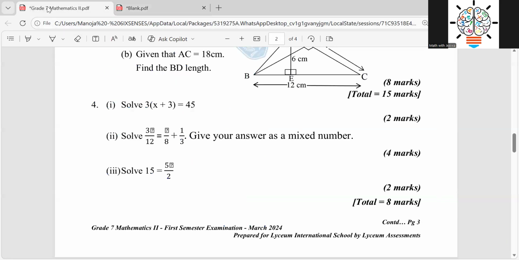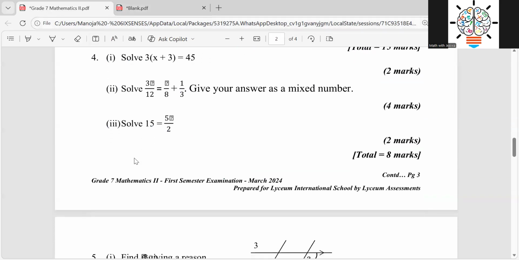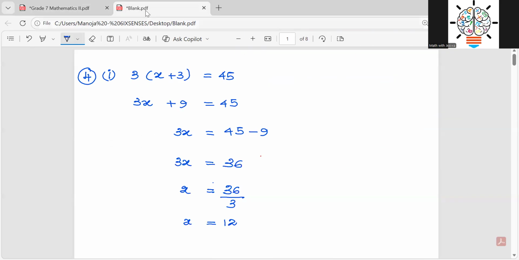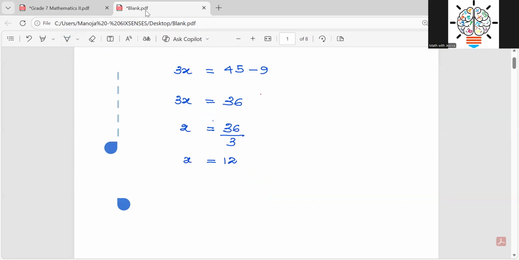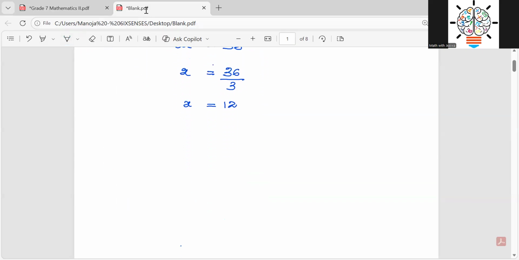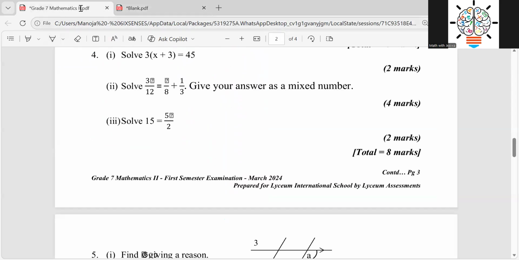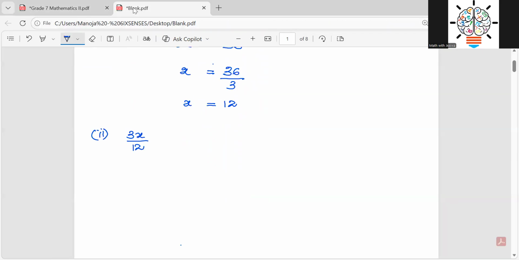Then I'm moving to part B, Roman number 2. Here we have, let's say, 3x over 12, equal to x over 8 plus 1 over 3.